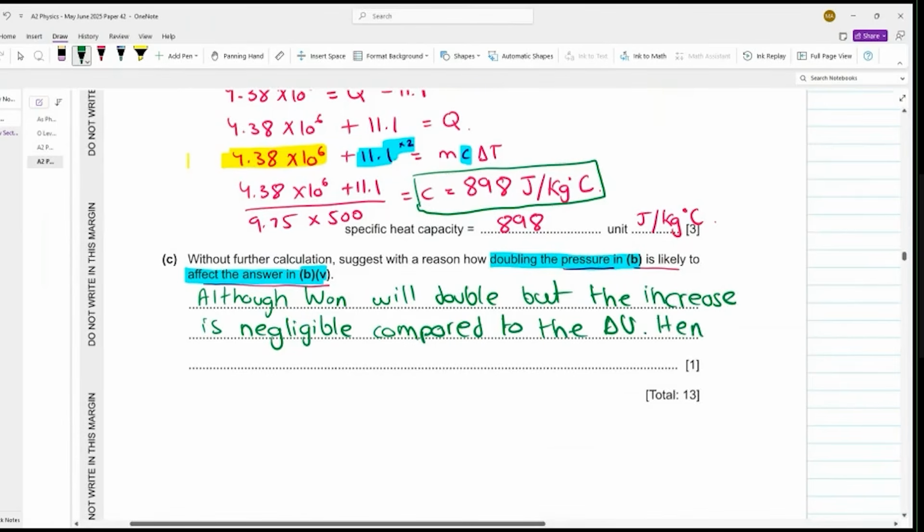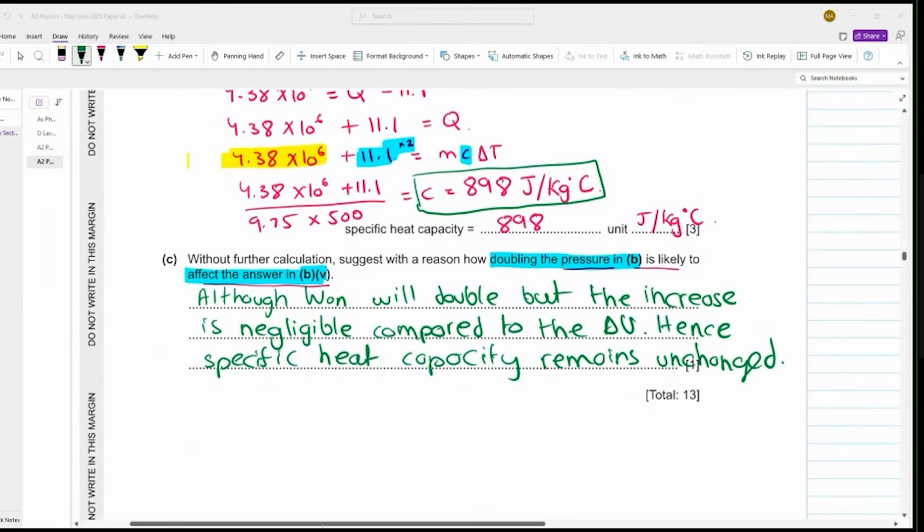Hence, specific heat capacity remains unchanged. आ गई बात समझ?